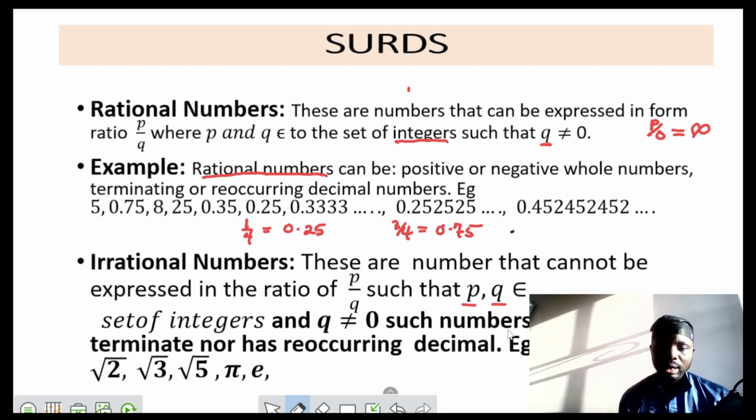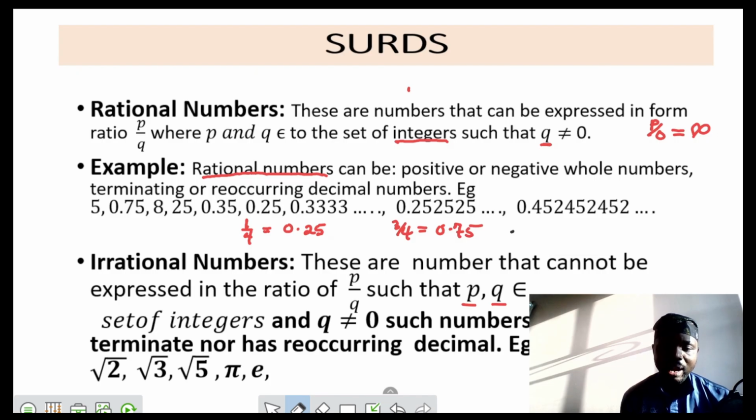Another factor irrational numbers have is that their decimal expansion neither terminates nor recurs. One example that behaves like that is pi. Pi is approximately 22 over 7. The decimal has infinite digits. I mean, the decimal has no end.